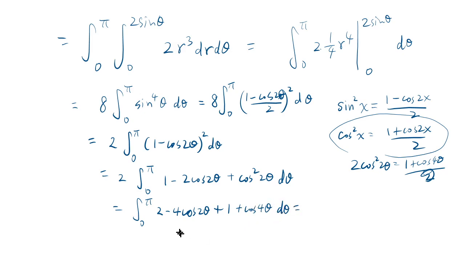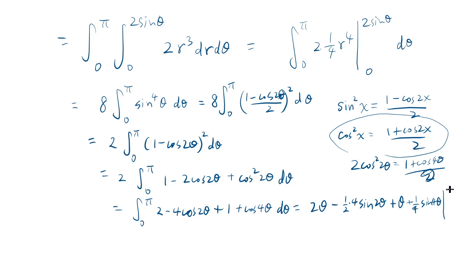And now we integrate. These are easy to integrate now. You get 2 theta. Integral of cosine is sine, but because of 2 you get 1 half, so it's 1 half 4 times sine 2 theta. And then plus 1 will integrate to theta, and cosine 4 theta will be 1/4 sine 4 theta. The reciprocal of this number should be here, right?